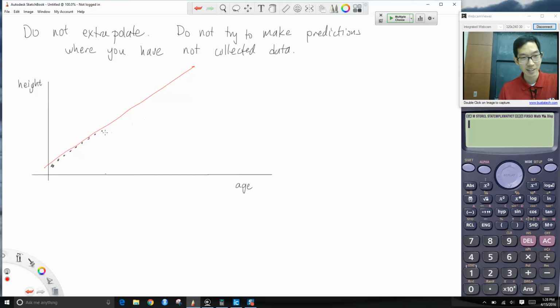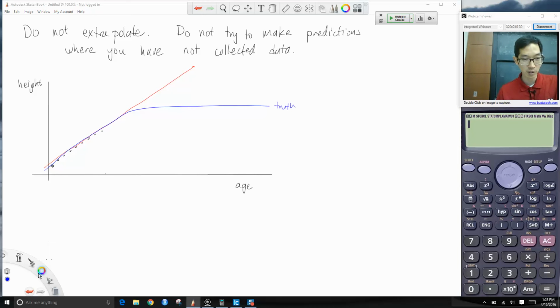And we know that's silly because in reality, people will grow, and then around age 17, age 18, or whatever, people stop growing. As far as height goes, the truth is that people's heights stop growing.